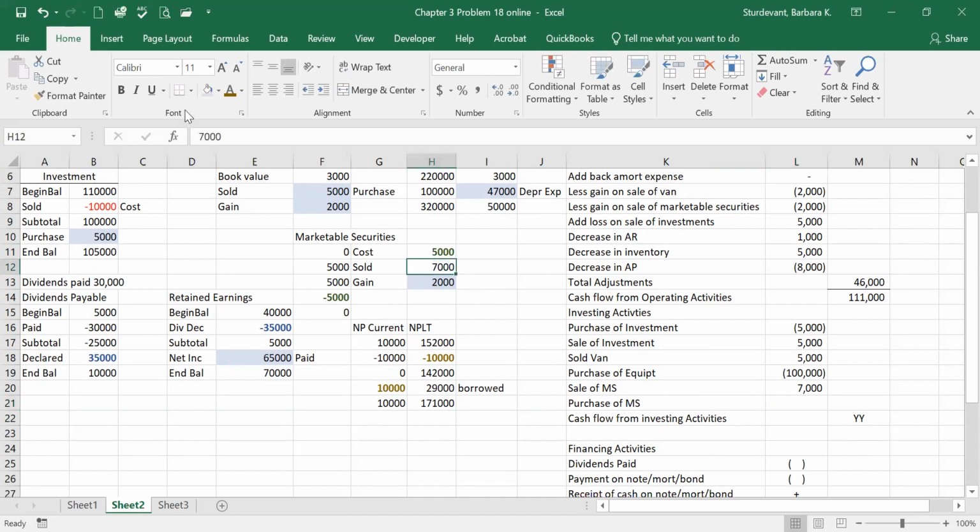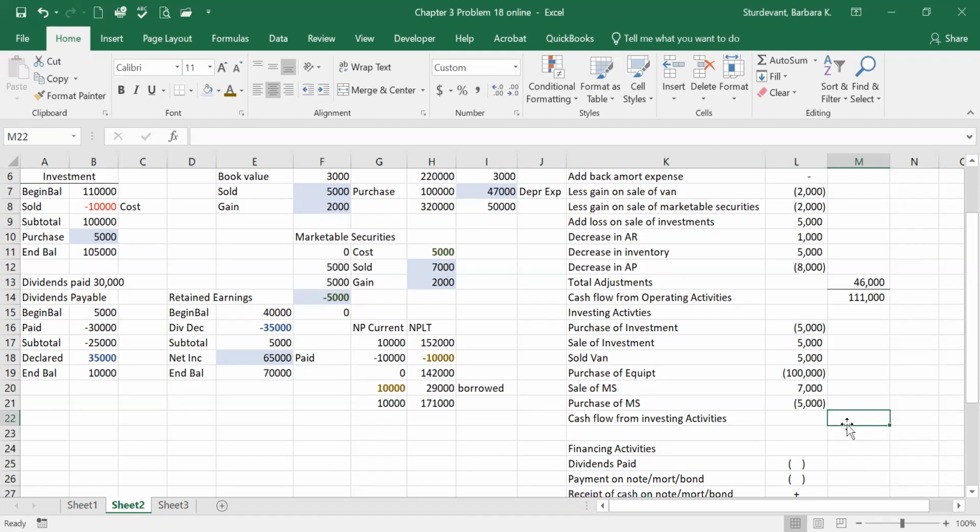Okay, so we got the 7,000 taken care of. We got the 5,000 that we purchased right there. Okay, so here's a -5. There's a gain up there, I'm sorry, a 7 is our sale. -2 up here. And what does that give us? Our cost, right?